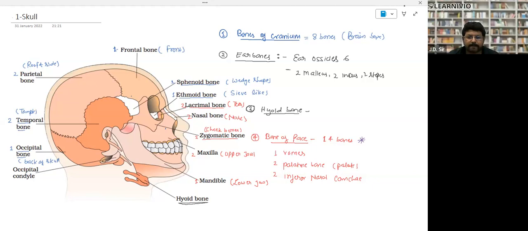Next point, third point. Hyoid bone is found at the neck part.